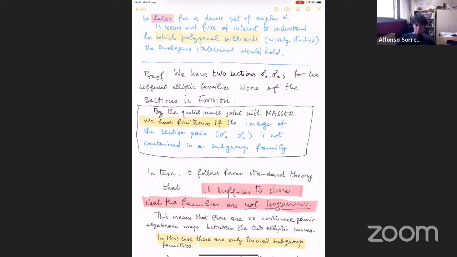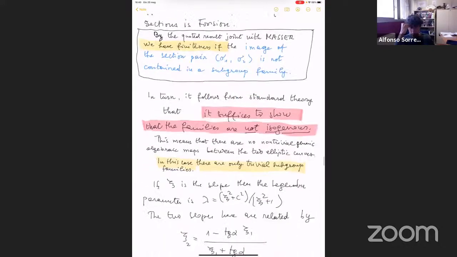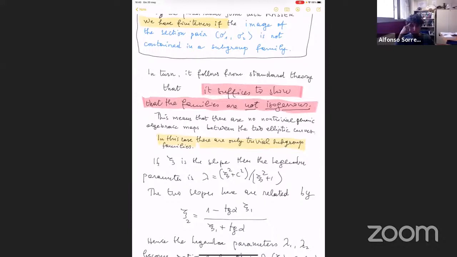So we can apply the result that I have stated before, joint with Masser. We have finiteness only if the image of the section pair is not contained in a subgroup family. This corresponds to checking independence. But now we have practically two elliptic families corresponding to the 2 sections. And it suffices to show that the families are not isogenous.